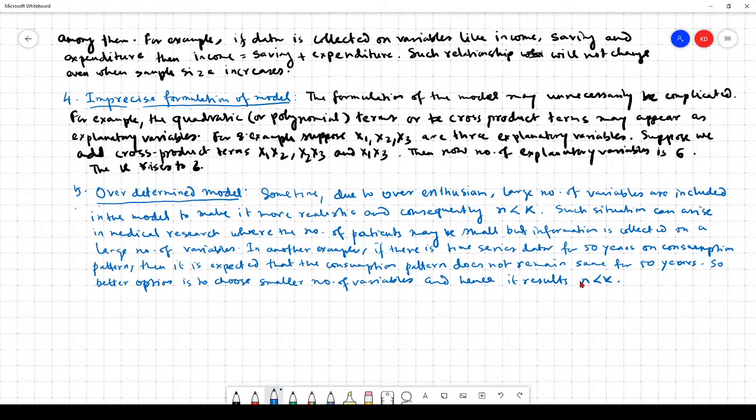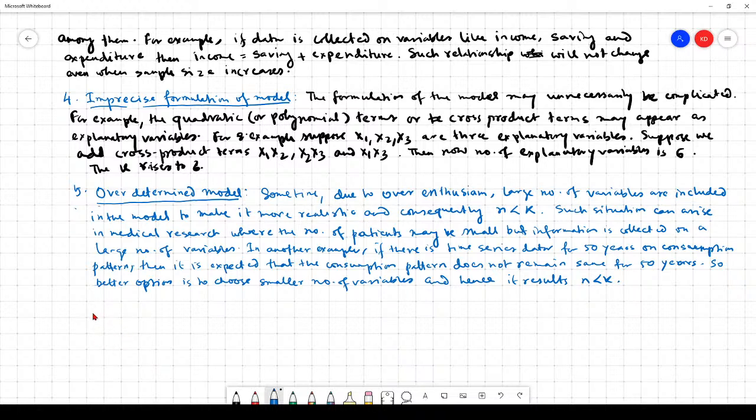So these are the sources of multicollinearity. Now I am going to discuss the consequences of multicollinearity.